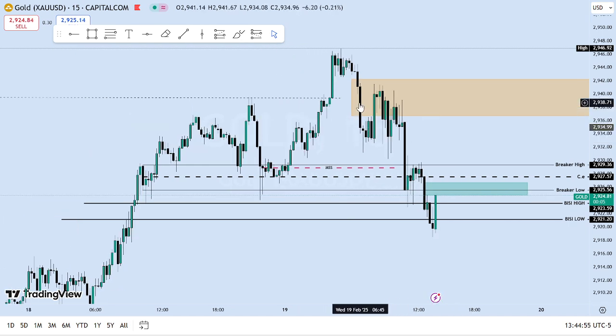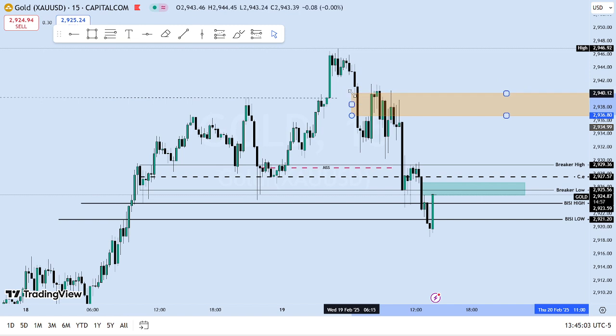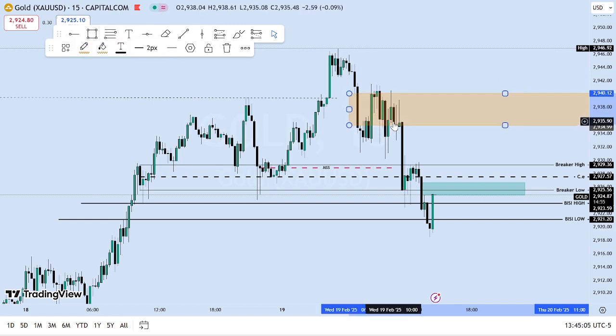During the 9:30 opening price here on the 15 minutes, you can see we open inside an inefficiency. This is a 15 minutes inefficiency. This is the 9:30 opening price. At the 9:30 opening price, we have a high above here.